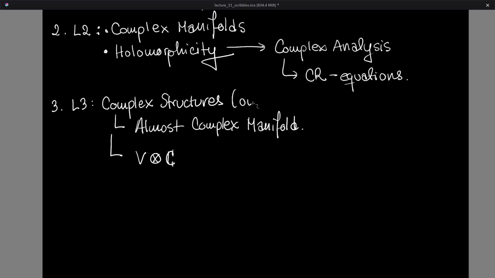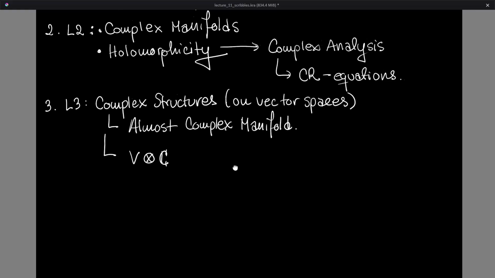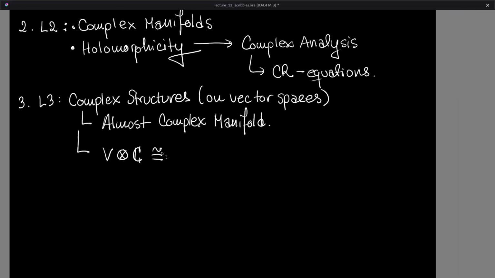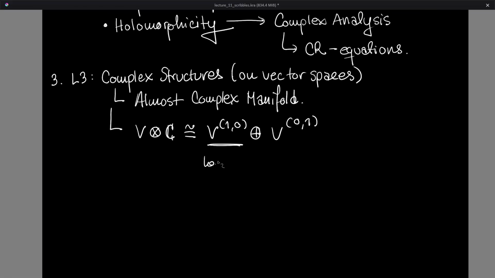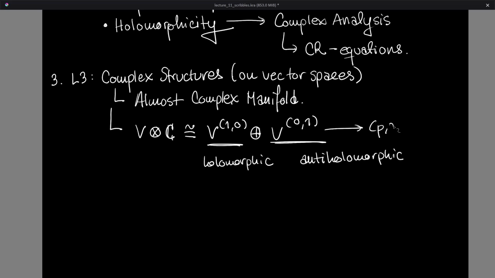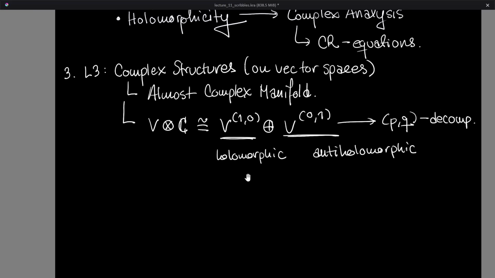So on vector spaces, V ⊗ C, we showed that V ⊗ C is isomorphic to V^{1,0} plus V^{0,1}. And this we called the holomorphic vector space, and this we called the anti-holomorphic vector space. And without this, we couldn't really have defined the (p,q) decomposition, which was very important in all of our subsequent discussions, right? So this was also very important. Without this, we wouldn't have an almost complex structure J-twiddle.